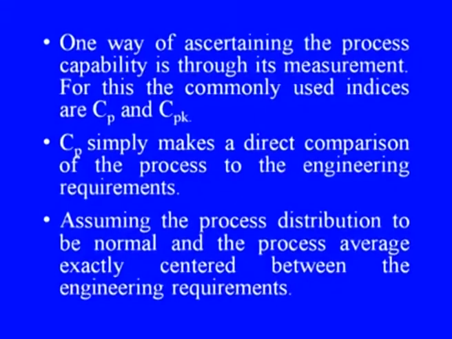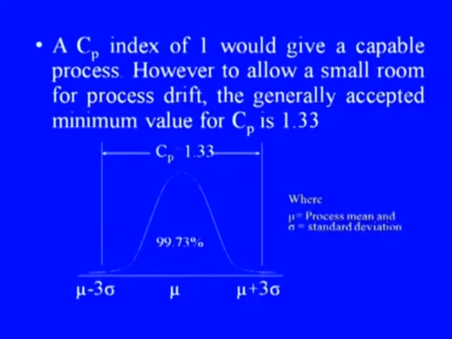Cp simply makes a direct comparison of the process to the engineering requirements, assuming the process distribution to be normal and the process average exactly centered between the engineering requirements. A Cp index of 1 would give a capable process.